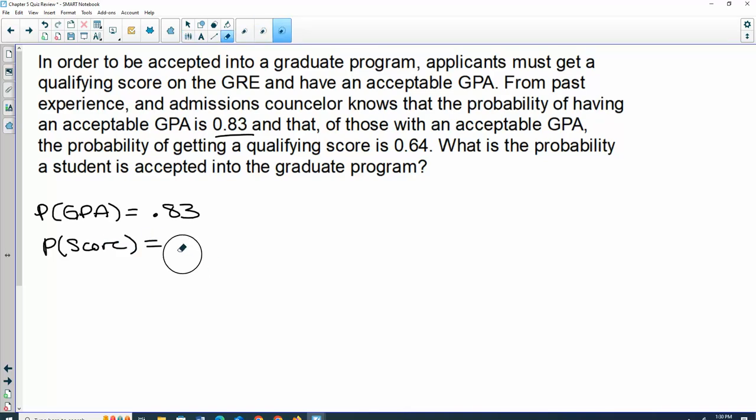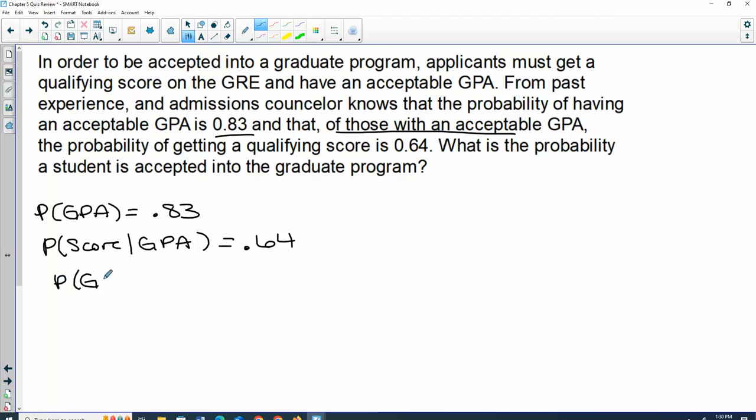Except, what do I already know out of this? It's not just everybody. Score and GPA. Yeah, we already know they have the GPA. So that's the probability they get the score given they already have the GPA. It's 0.64. We want the probability they are accepted, which is they have the GPA and the score. So it'd be 64 divided by 83.